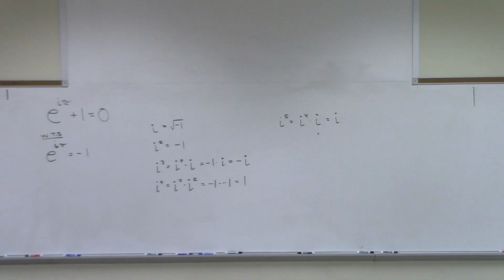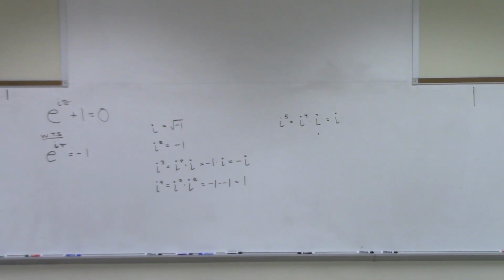And then i squared is the same as i to what power? 6th power, and then i to the 10th, and so on and so forth. I'm just adding 4 each time I do this, right? And what is that, though? What was i squared? -1? And then i cubed, what was i cubed? -i.